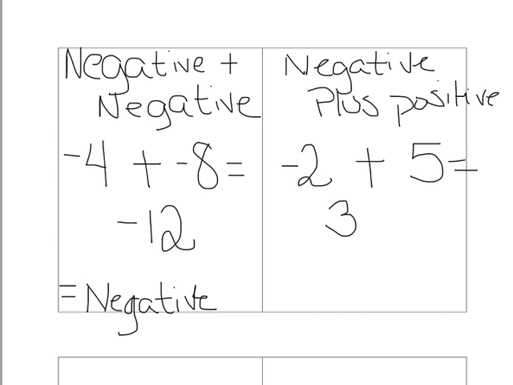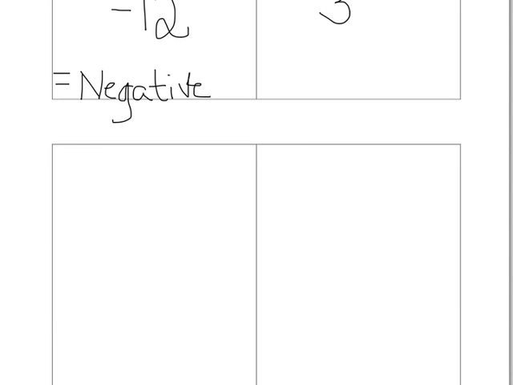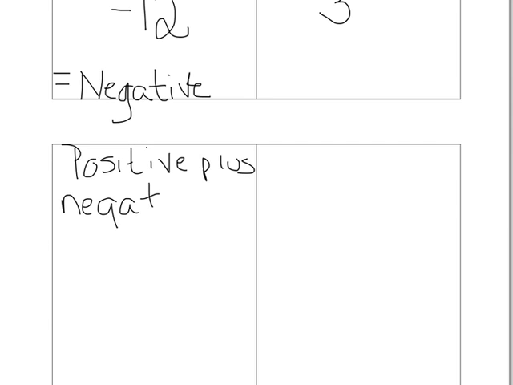So if our positive is bigger than our negative, we're going to end up positive. Let's do a couple more. Let's do a positive plus a negative. Let's say that we have a $25 iTunes gift card, and we found out that we used part of it to buy new apps, so we're going to add a negative $3 charge.